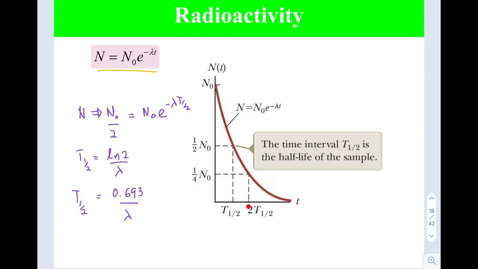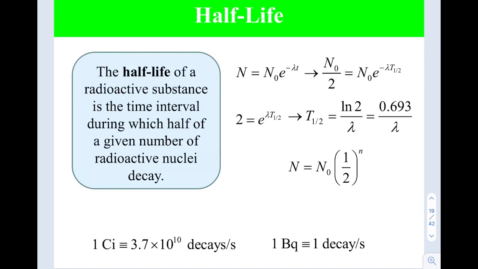After 2 half-lives, N is equivalent to 1 over 4 of the original N naught at t equivalent to 0, and so on. This is what I was talking about just now.